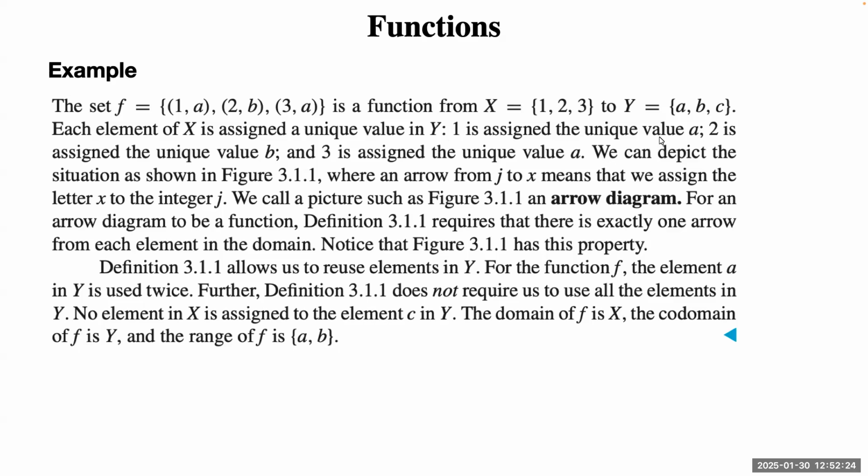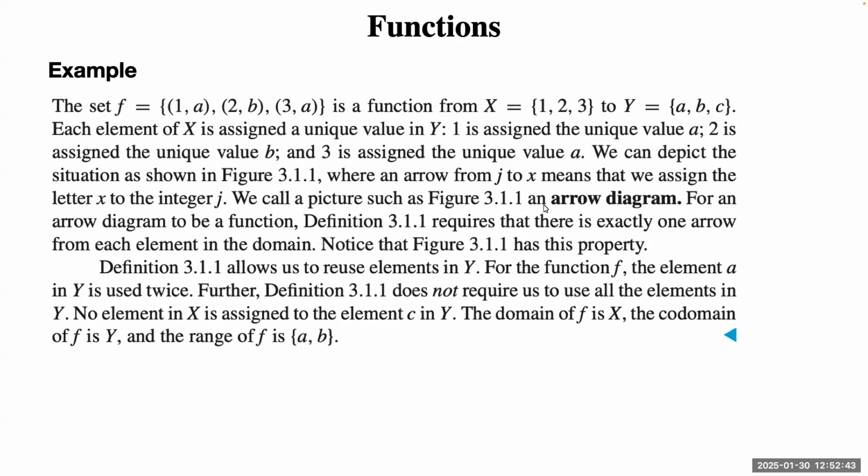So 1 is assigned a unique value, a. 2 is assigned a unique value b, and 3 is assigned a. It's okay if 1 and 3 both go to a, but it's not okay if 1 went to a and 1 went to b in the same function. You can't have that. It wouldn't be a function then.